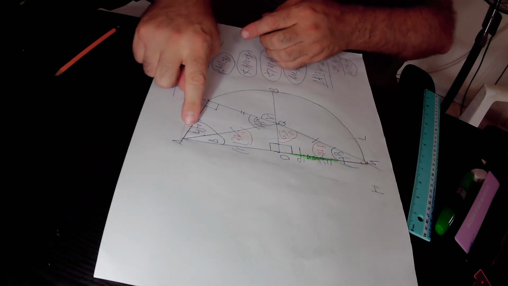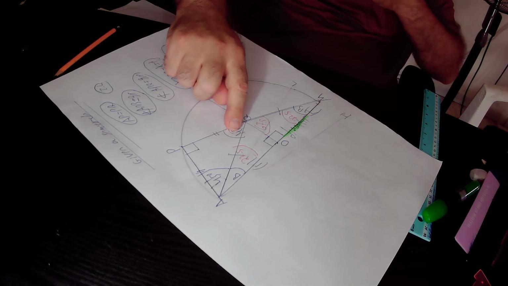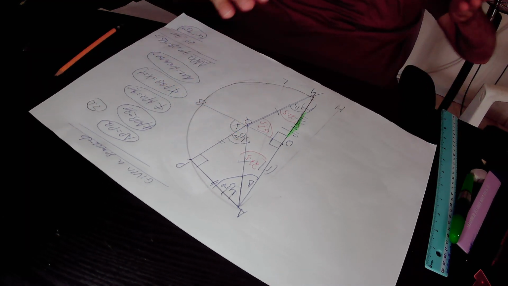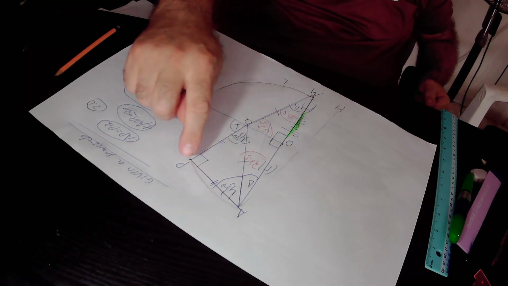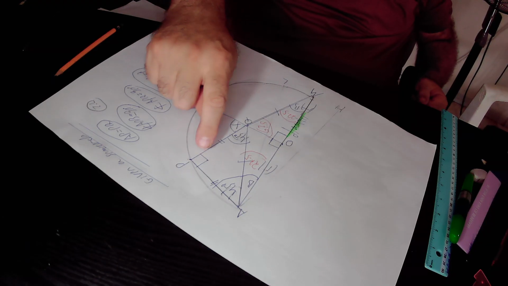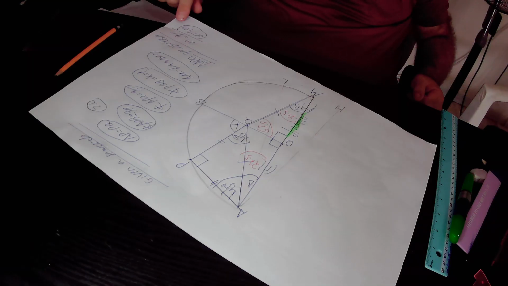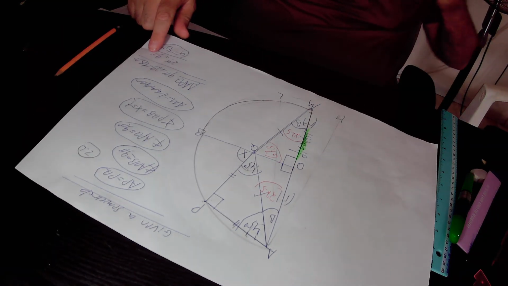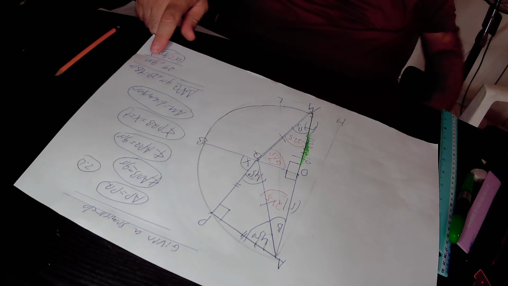So if we define the size of this angle as alpha, then the size of this angle must also be equal to alpha because they are equal to each other. And we also know that the sum of the angles in any triangle is equal to 180 degrees. So which angles do we have in the right-angled isosceles triangle APQ? We have 90 degrees plus alpha plus alpha, this is 2 alpha. In total, it must be equal to 180 degrees. So 90 degrees plus 2 alpha equals 180 degrees.